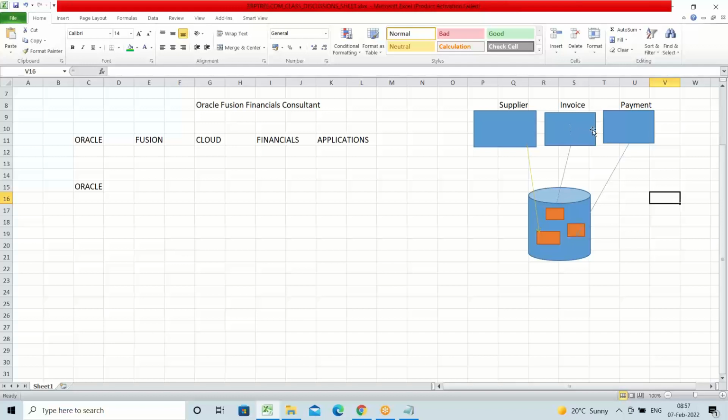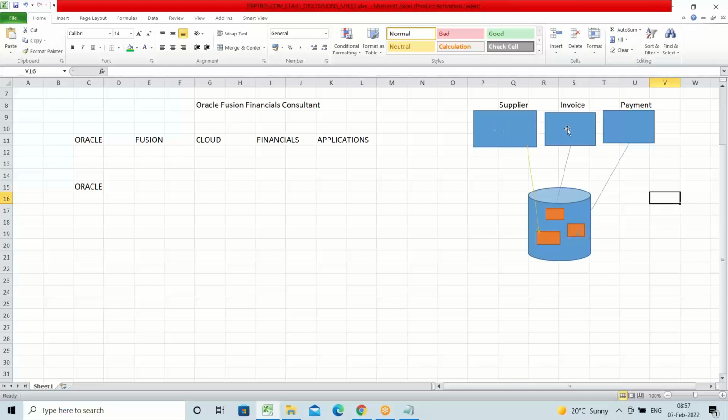Payment means which suppliers we have to pay against which invoice, using which bank account details, what check number, how much amount we have to pay. You can enter all that in this payment page and save it. It will get stored in this table. That's how we can store the data in the database tables by using these pages.